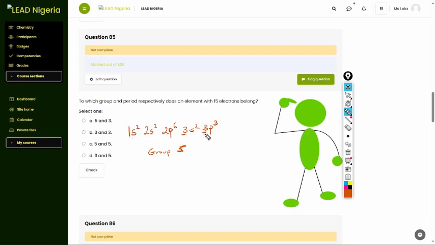So the highest number here is 3. So it means that this atom has 3 electron shells, which means it belongs to period 3. So group 5, period 3. So we need group 5, period 3, respectively. So the answer is A.